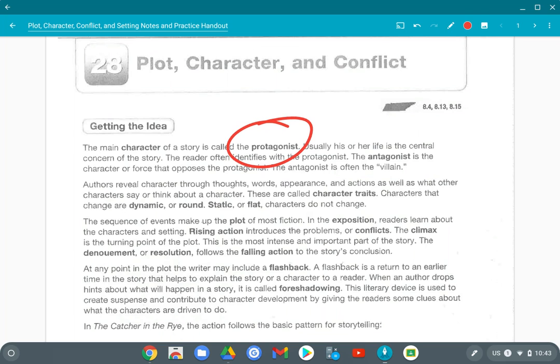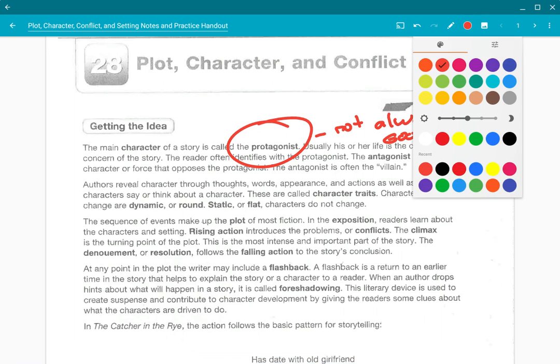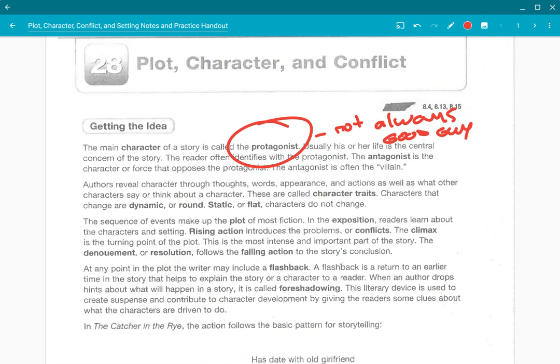Think of movies or stories where the main character is a mixed bag of a person, some good, some bad, or even in some cases the bad guy is the main character. So make a note here: the protagonist is not always the good guy.